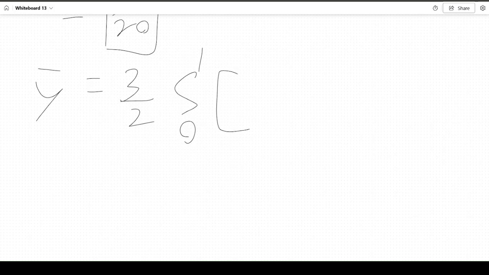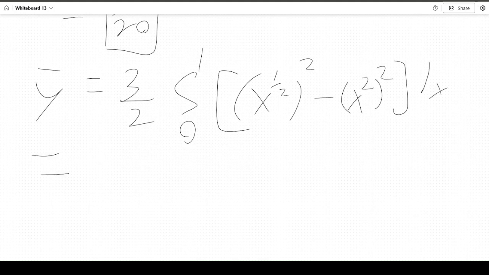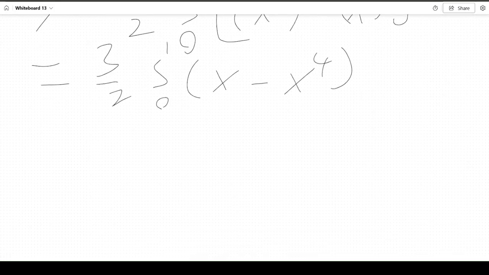So we got x to the power of 1/2 minus x squared. This would be 3 over 2 from 0 to 1. x minus x^4. We can integrate this.